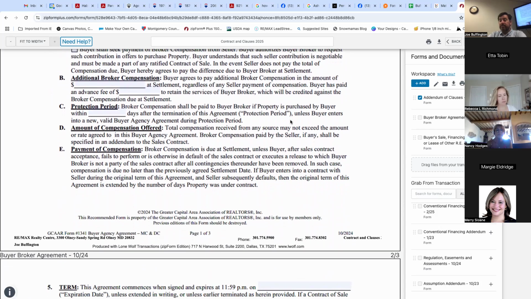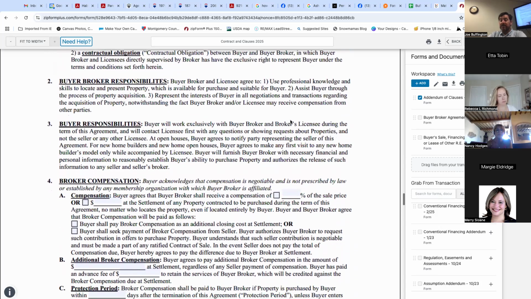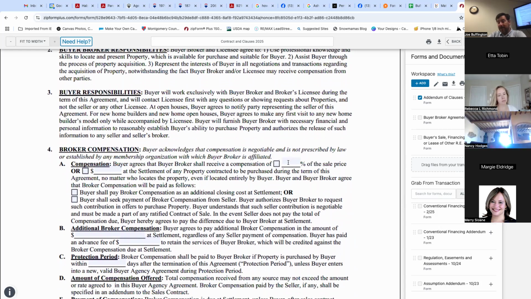So this, you know, we had a lot of discussions. Can you put like a minimum or a maximum? I always tell you, in this space, put the maximum. If you want to tell the buyer, look, let's say you put in 3% here, and the seller's only offering 2.5%.